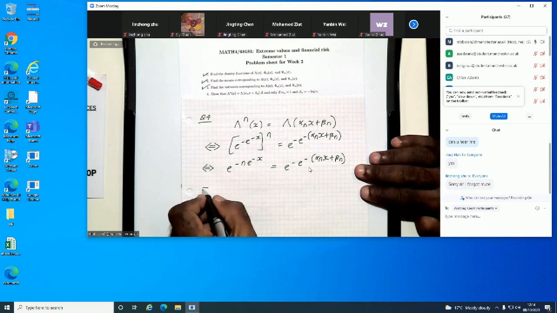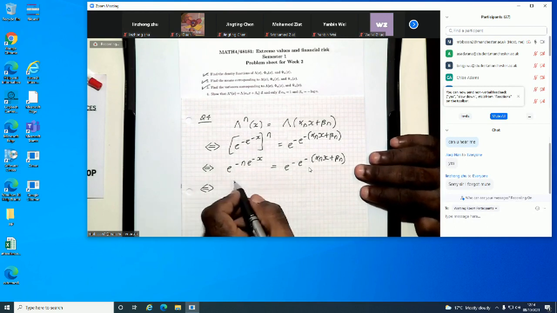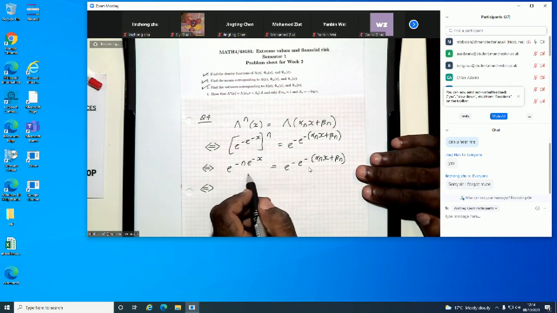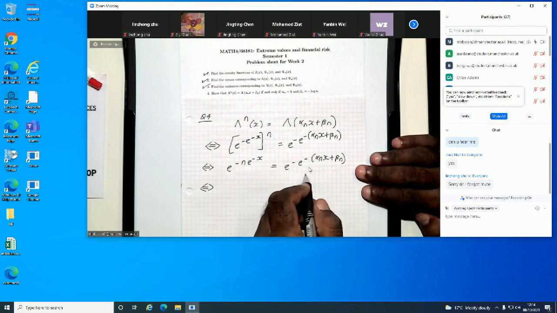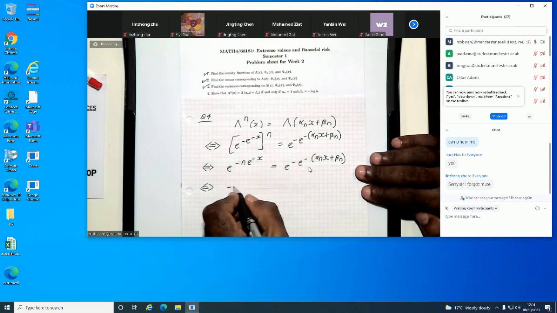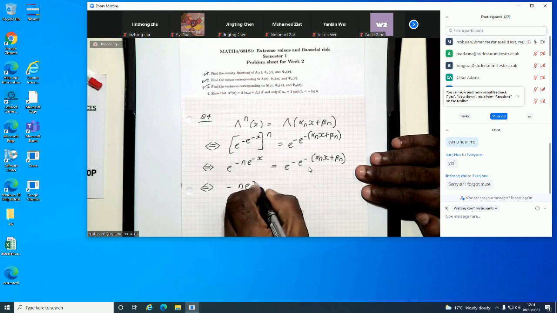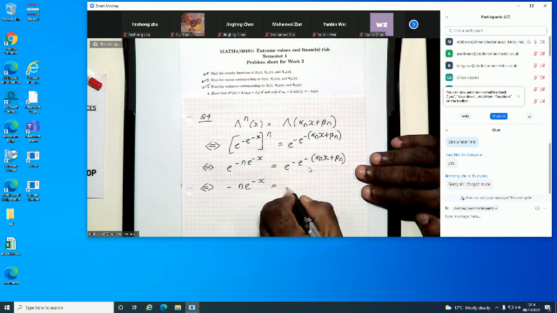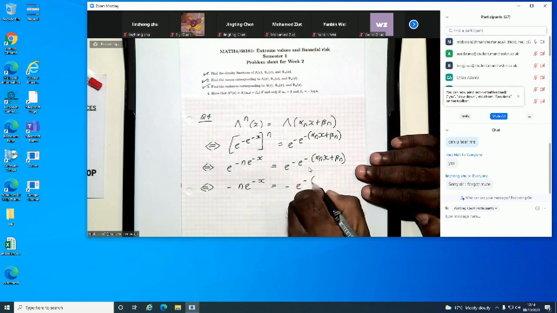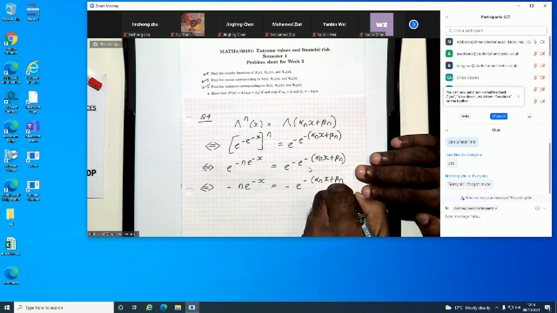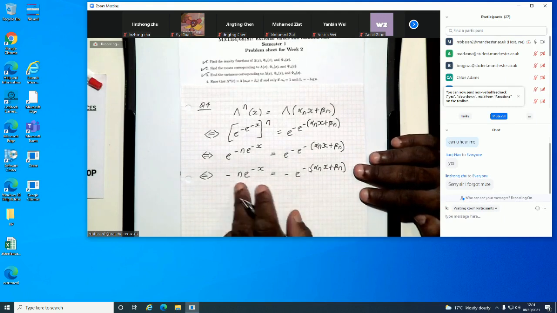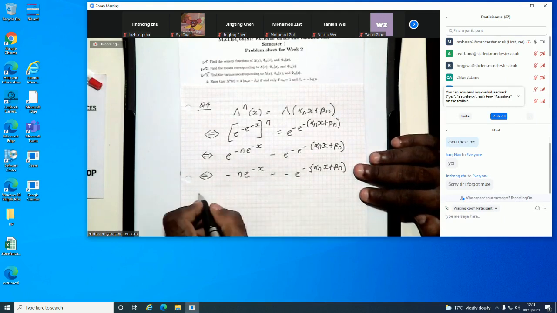You will get e to the minus n times. And then if you take the log of both sides, the log on the left hand side and the log on the right hand side, you will get minus n, and the minus cancels, so you get n.